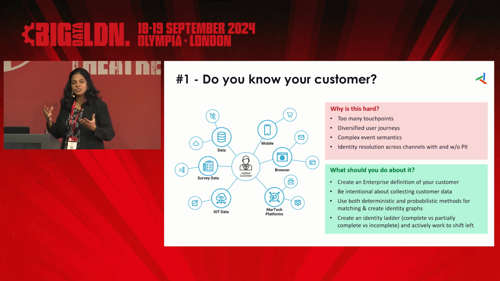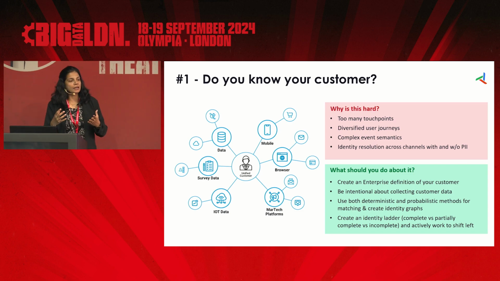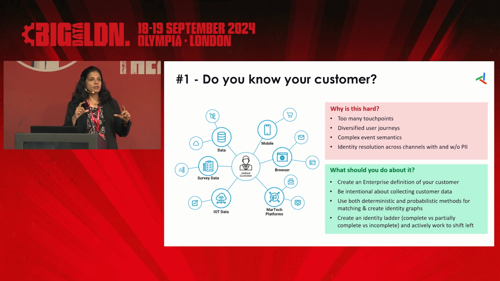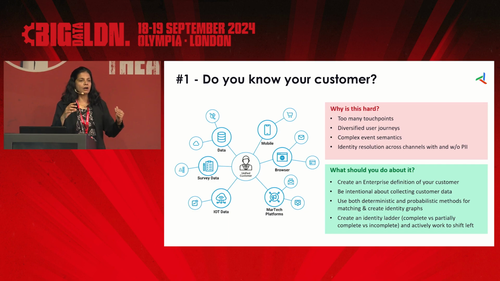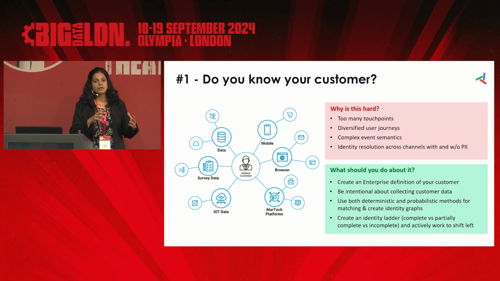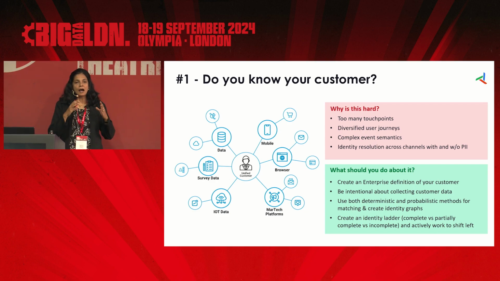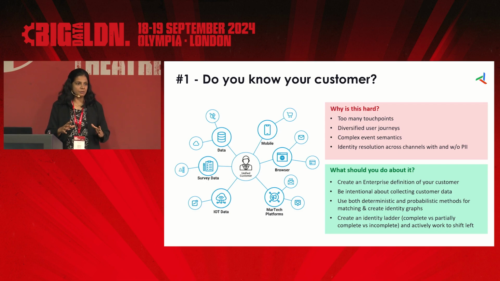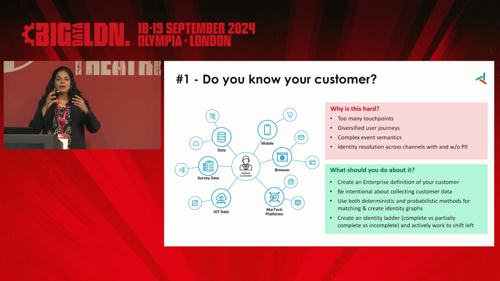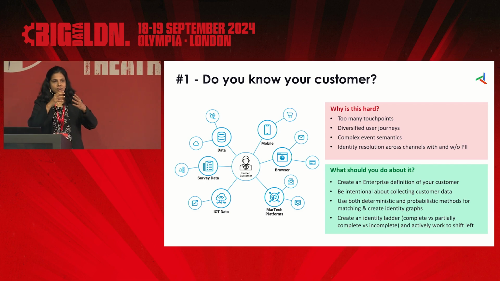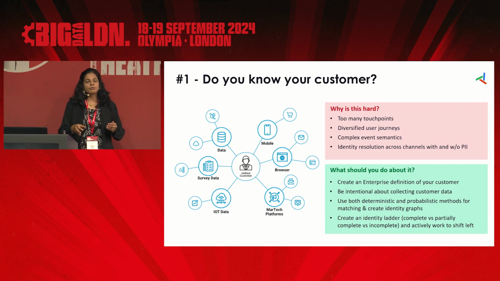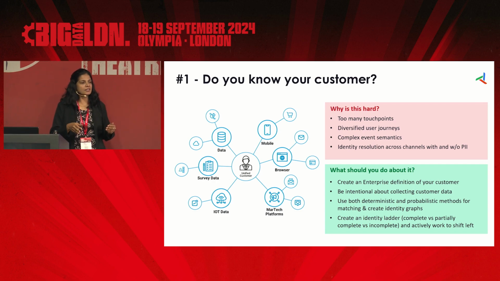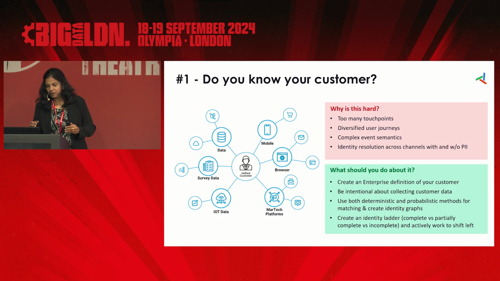So all of these channels, how are you going to unify and create one definition of your customer that all your departments, all your functions within your organization agree to? One thing is having a CDP, which technically gives you all of that, but having that definition, we believe, is primary, and organizations that have established that definition have been more successful, right?